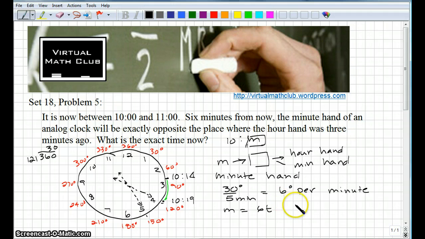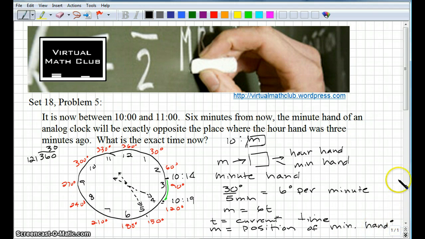Now let's just define those variables here. Let's say that t is the current time, all right? And let's say that m is the position of the minute hand, and that's in degrees, right?